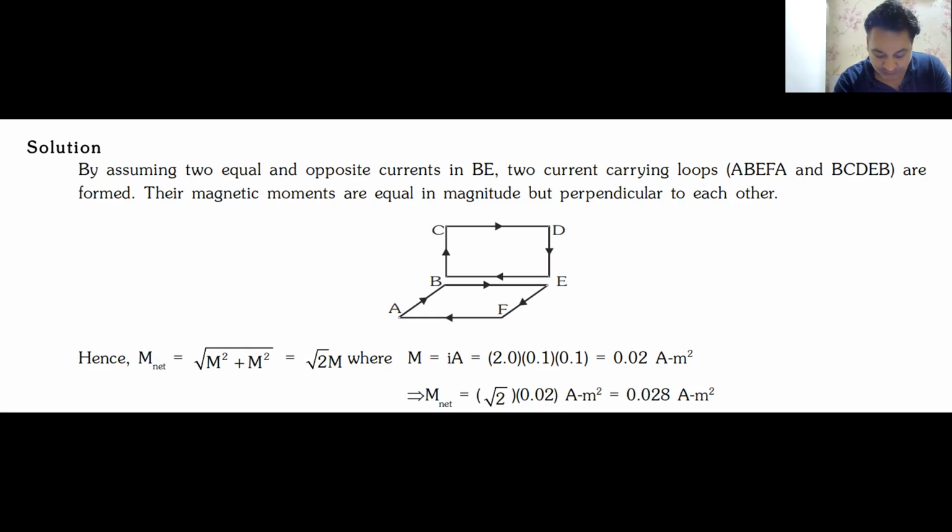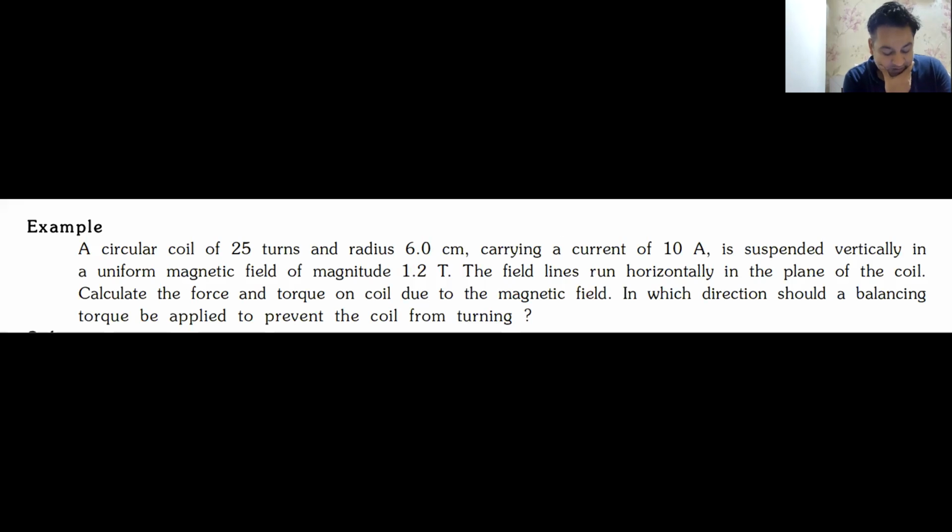Okay, that takes me to this question. And these are the type of questions that you can expect in a JEE. A circular coil of 25 turns and radius 6 meters.